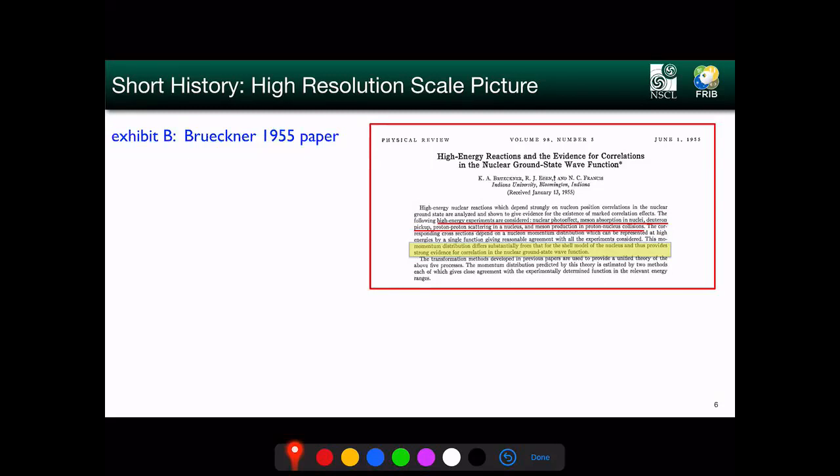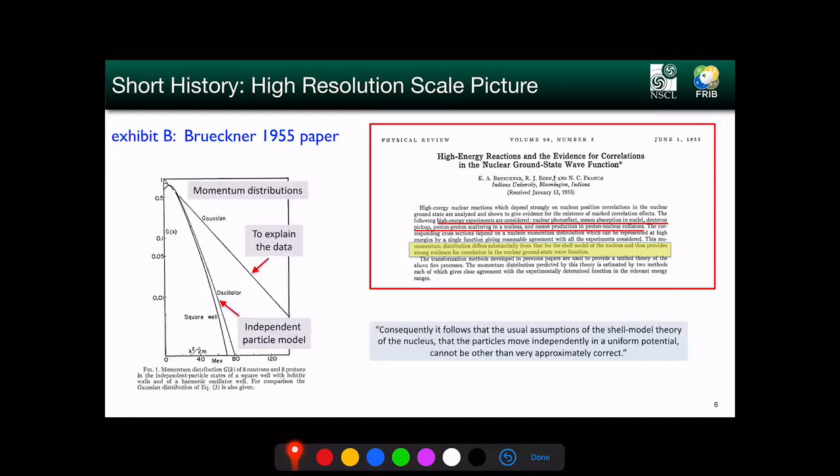trying to see if they could reproduce it using the prevailing low resolution shell model type picture that existed at the time. And basically what they found was that they're completely unable to describe these medium and high energy, hard momentum transfer processes unless they build into their model a correlation such that the one body momentum distribution has a long tail that extends well beyond that of an independent particle model.